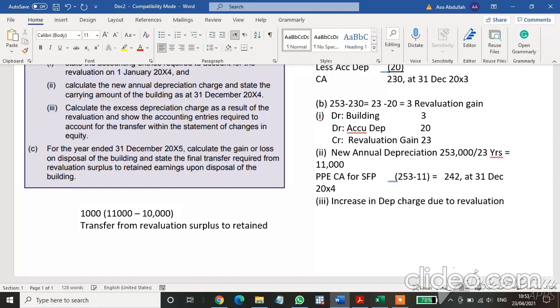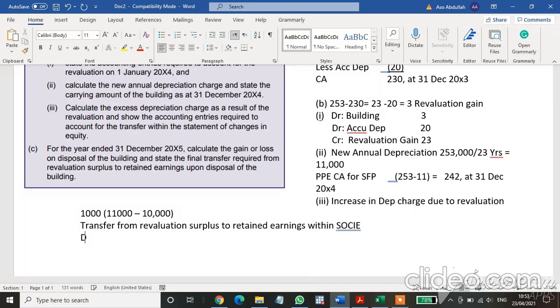So where do we record retained earnings? Retained earnings is recorded in the equity section, within the statement of changes in equity. So how are we going to record it?